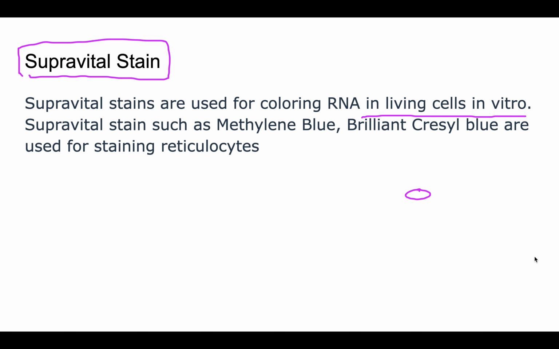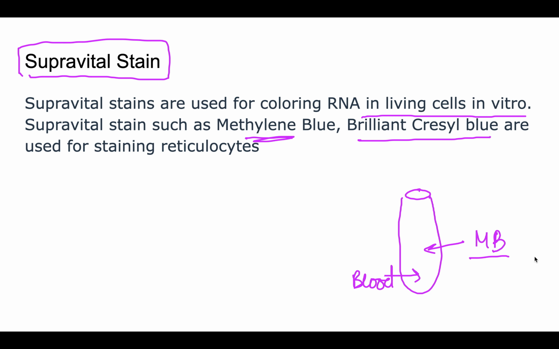We take a test tube, put some blood inside, and then add methylene blue. This stain stains the cells while they are living. Supravital stains are used for coloring RNA in living cells in vitro. Examples of supravital stains are methylene blue and brilliant cresyl blue. These are the two stains you should know about.